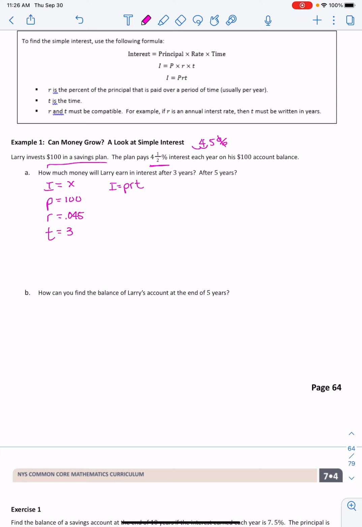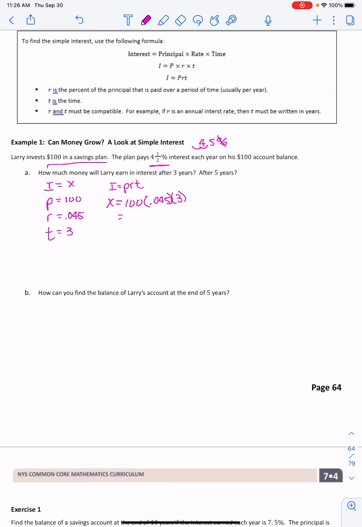And then what I'm going to do is replace our I, our P, our R, and our T. When I replace that, we have X equals $100 times 0.045 times 3.